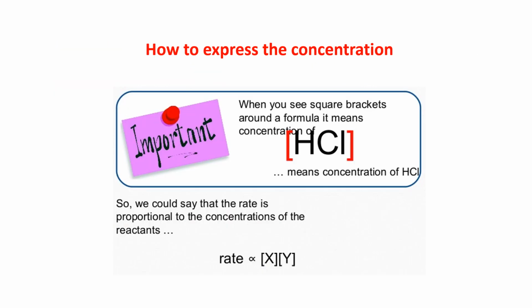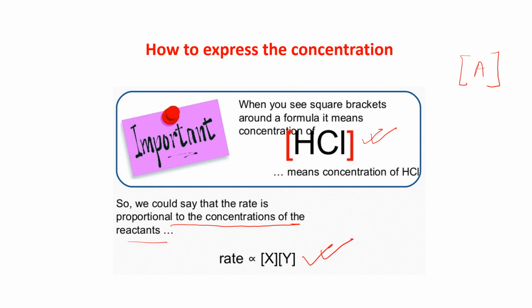Now this is how to express the concentration. As I told you, if I am writing something within a box bracket, that means this is the concentration of A. When you see square brackets around a formula, it means concentration. So if I write HCl within a bracket, it means the concentration of HCl. So we could say that the rate is proportional to the concentration of the reactants.